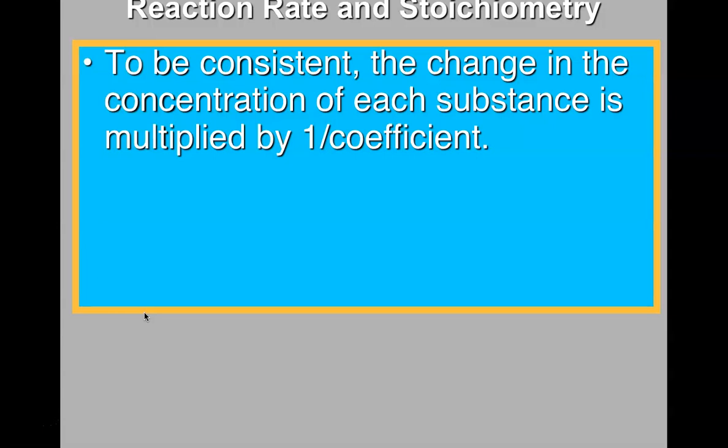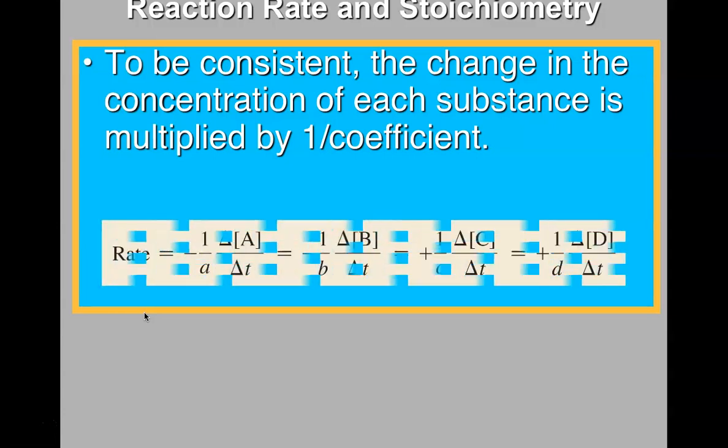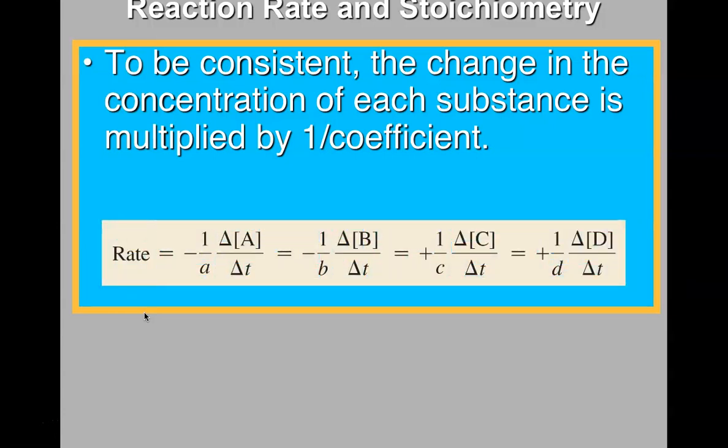So ultimately, if you have the expressions, the change in concentration over change in time, that little fraction, they can be set equal to each other if you just multiply by 1 over the coefficient. So in a generic reaction of A plus B goes to C plus D, the only time these rates are equal to each other is when you divide by the coefficient.